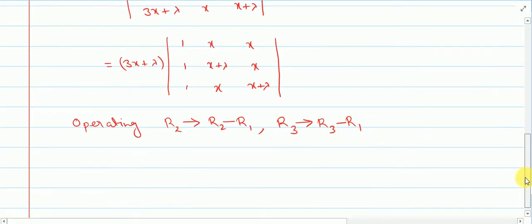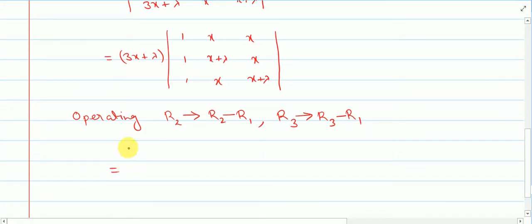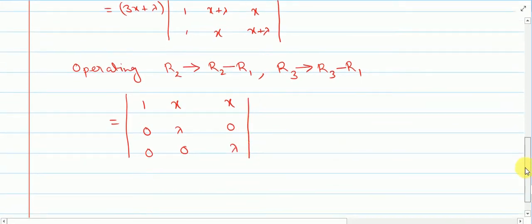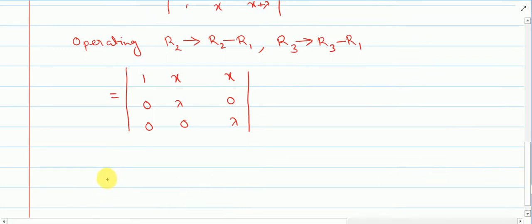Okay, so we will get 1 x and here we'll get 0 lambda 0 lambda. Okay, so what is happening, first column you can see that 2 elements are 0, so we will expand along. Oh, we had this 3x plus lambda common outside.